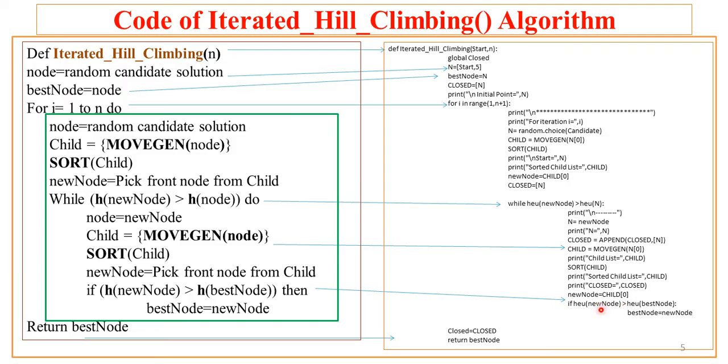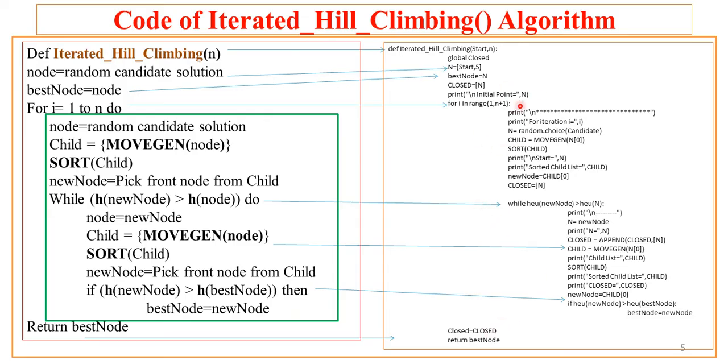If the heuristic of the new node is better than the best node, then the best node is updated. This will be repeated as I have described in the earlier lecture on iterated hill climbing, that is lecture 21. You may go over there and watch that video lecture, understand that concept, and come back here to know the actual coding of this algorithm.